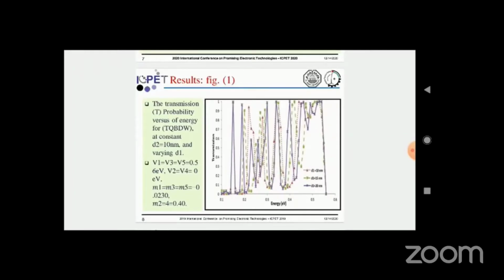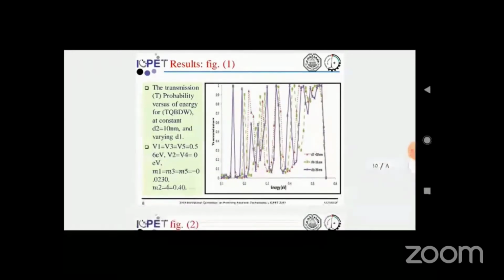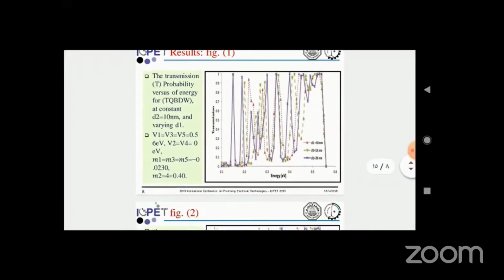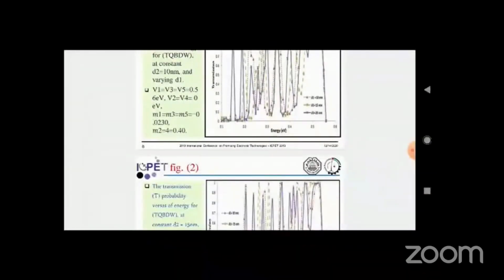Here, V1 equal V3 equal V5 equal 0.56 electron volt and V2 equal V4 equal 0 electron volt, and M1 equal M3 equal M5 equal minus 0.023 M0, and M2 equal M4 equal 0.4 M0.